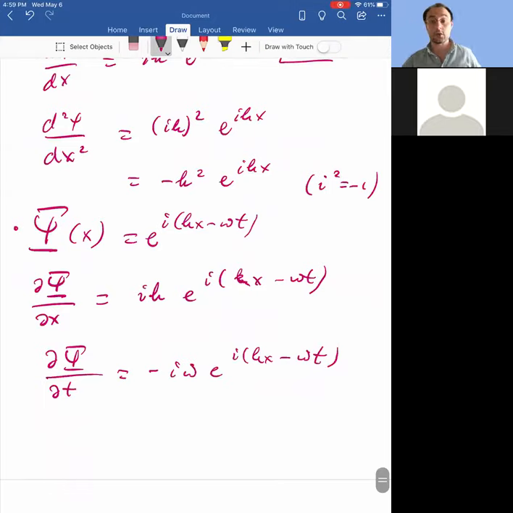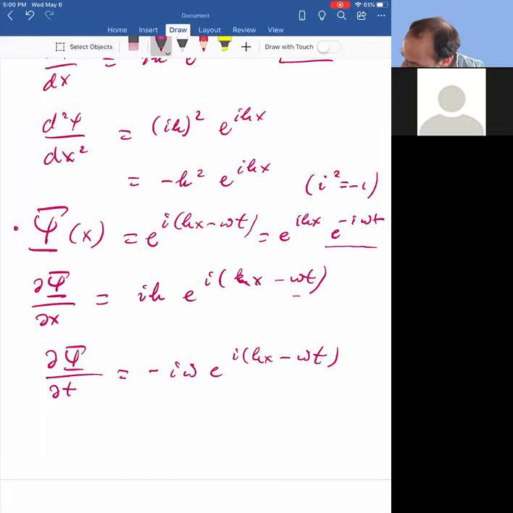If you have a function of two variables, space and time, when I take the derivative with respect to space, you leave the time alone, because this is e to the ikx times e to the minus i omega t. When you take the derivative with respect to space, this is just dead weight, so it comes along for the ride.